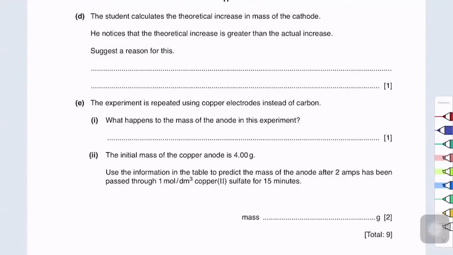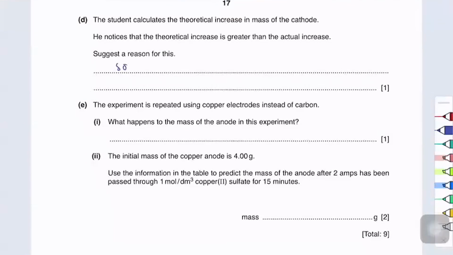Maybe it just dropped into the solution when you took it out, or maybe it was dropped while you were transporting it. So his method is not exactly very hi-fi. So it is possible that some of the copper dropped into the solution or did not separate from it. So some copper was dropped into the solution.